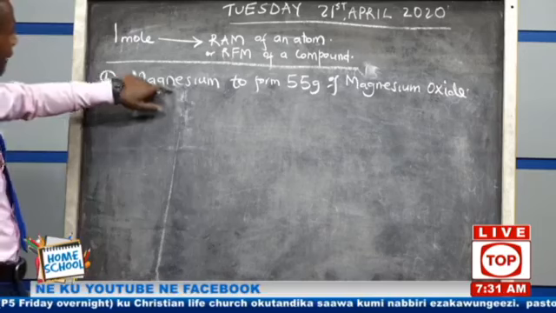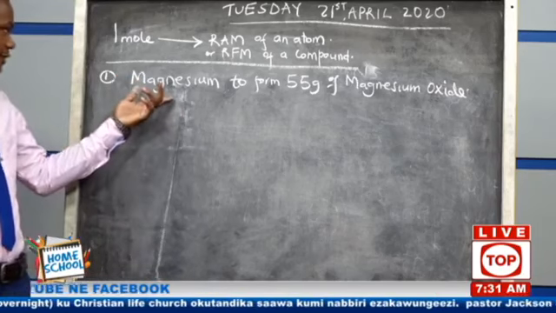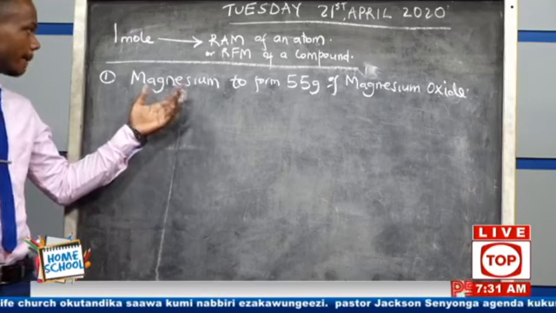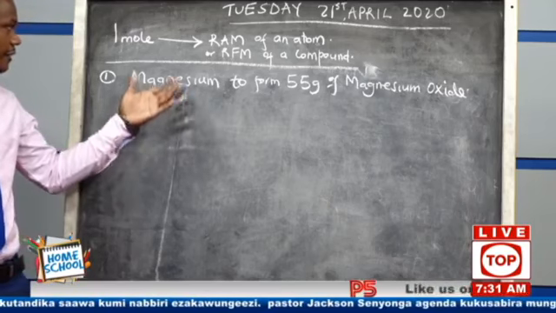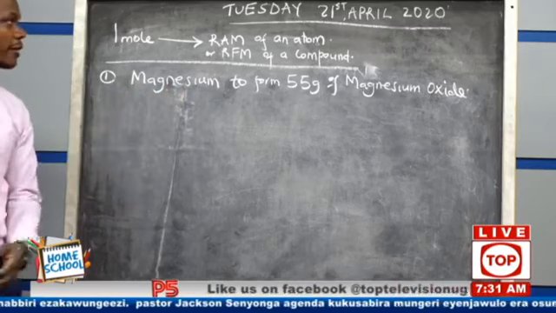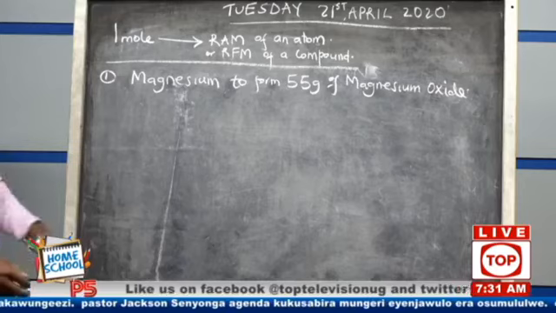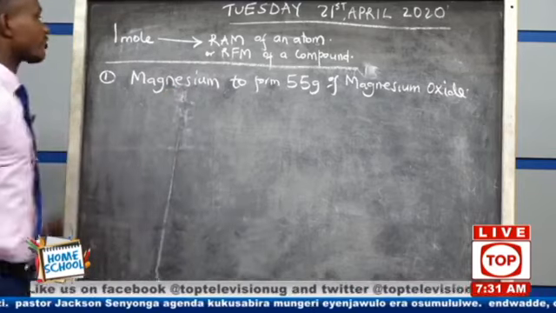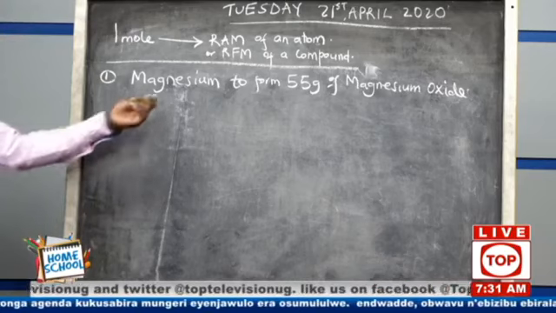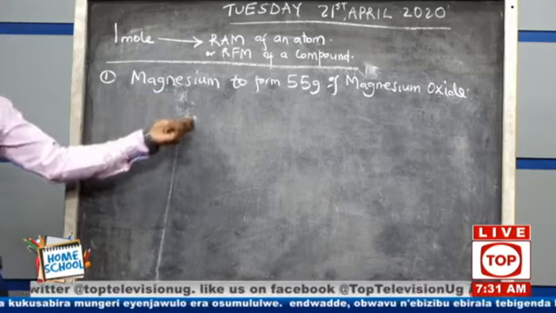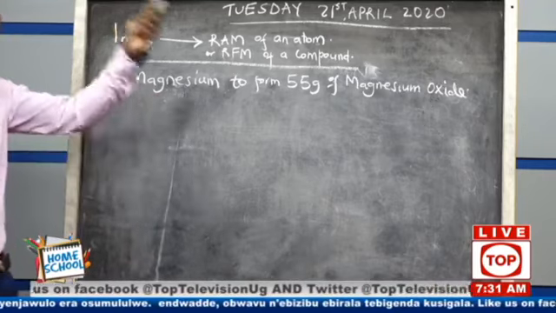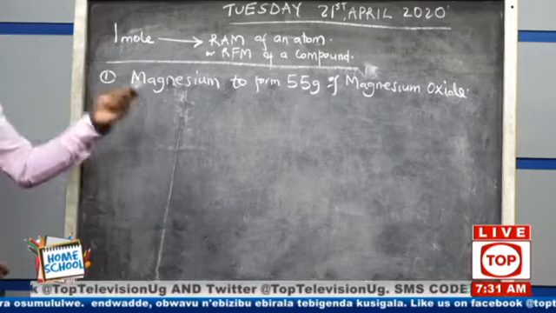So we want to see the mass. Now we are beginning with the reactant side. We want to find the grams of the substance on the reactant side. Remember the previous example, we were calculating the mass of a product. Now we are looking for the mass of a reactant.